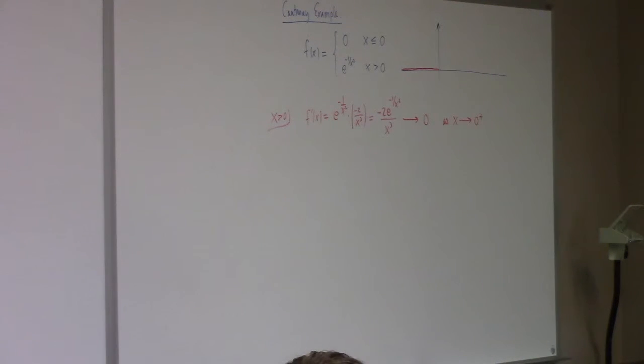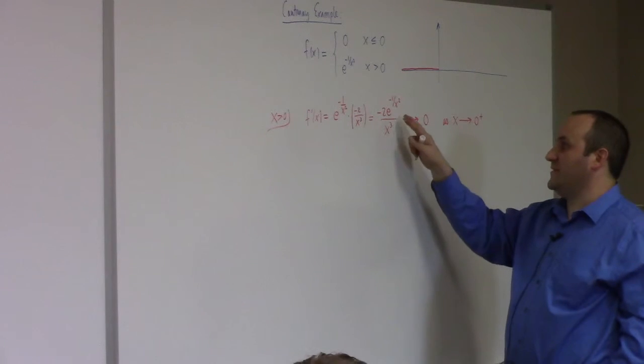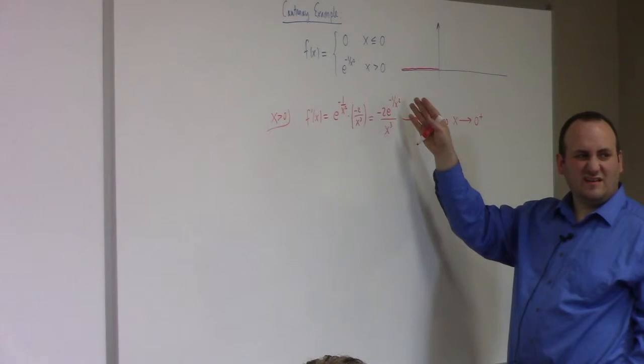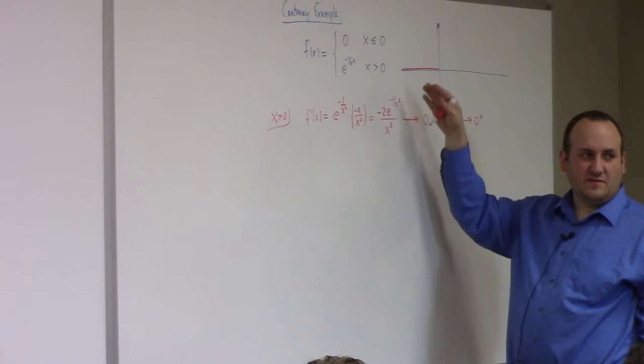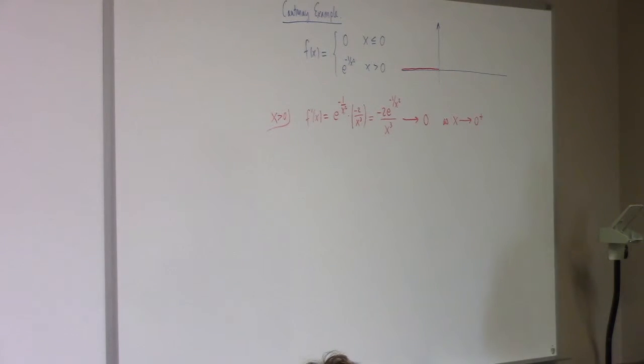At the moment it's indeterminate, because that's e to the minus infinity, which is 0, and downstairs I've got 0. This is type 0 over 0. You've got to do L'Hopital's or something like that in order to resolve the indeterminacy.